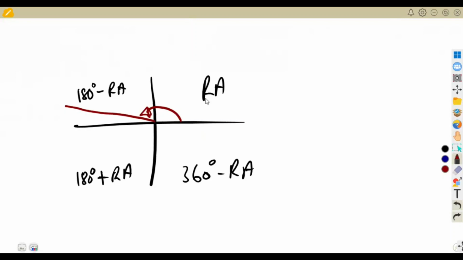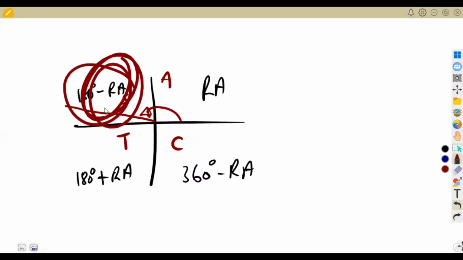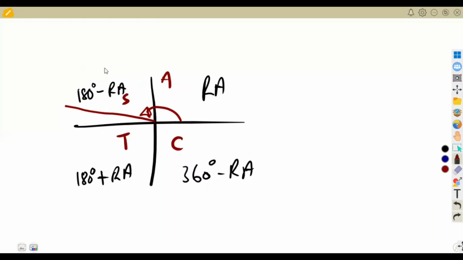We are back to the CAST concept. From our CAST concept, we understand that in the second quadrant, the quadrant of 180 minus the reference angle, it is only sine which is positive. So what is going to happen with cos? It means cos at this moment is negative. Tan is also negative.